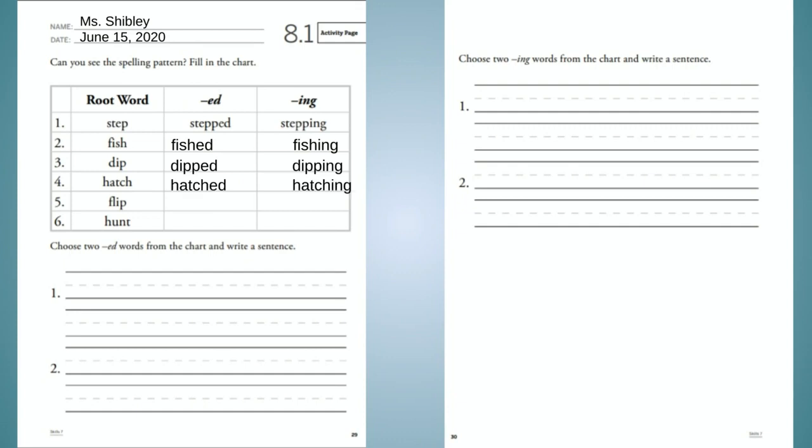For the word hatch, we just add the endings ed and ing. For the word flip, because it is a short vowel and one consonant at the end, we're going to double the p. So it's flipped, and flipping.